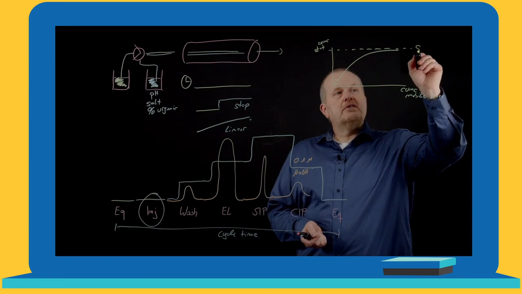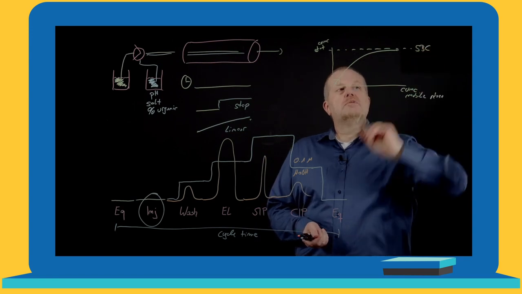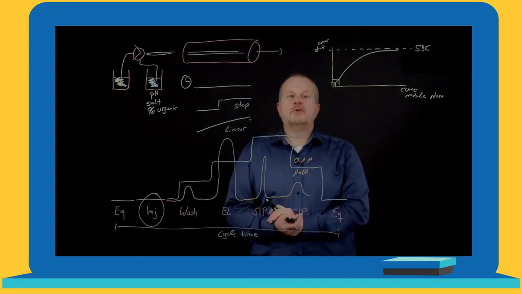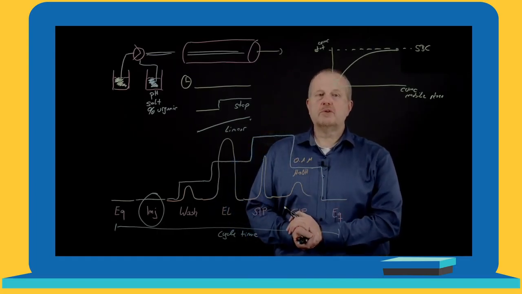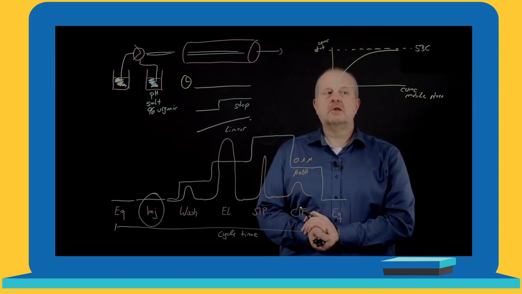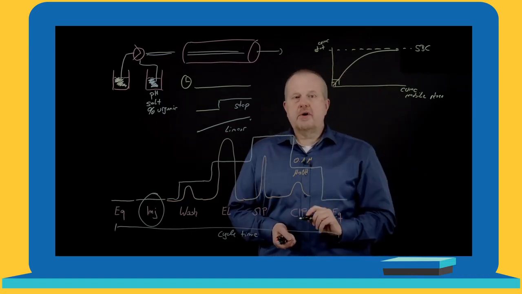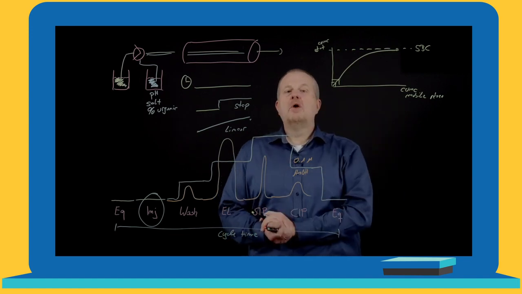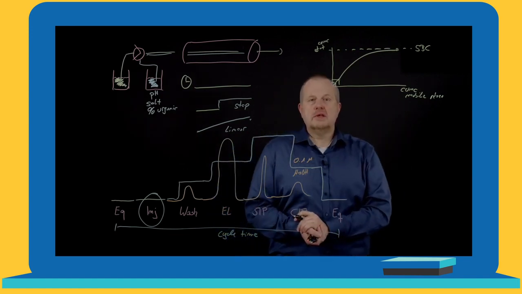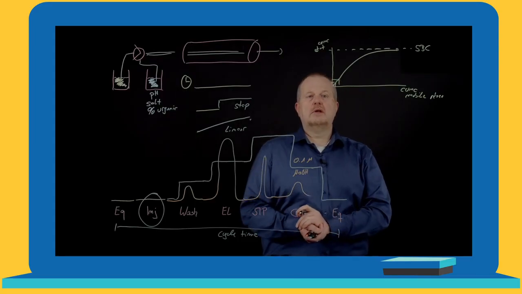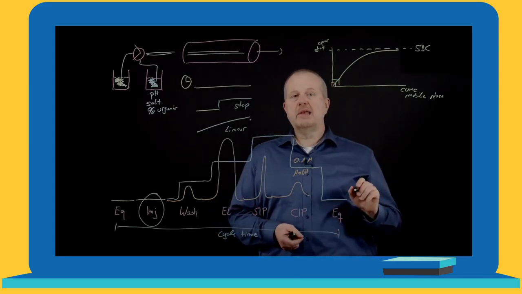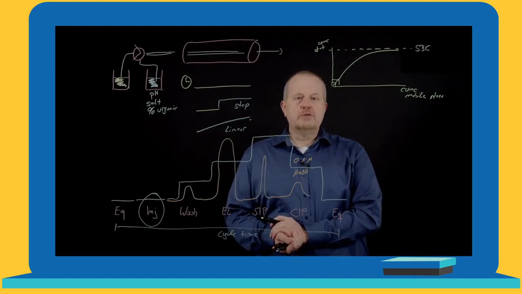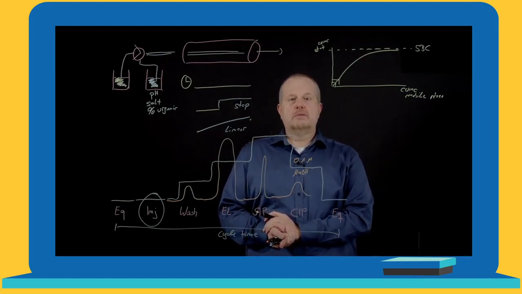And if we do that in a static way, so if we do that in a batch format, in an Eppendorf, we determine what is called the static binding capacity. Concentration of our target compound in the mobile phase, and we determine what is the capacity in the stationary phase. The higher the static binding capacity, the better a chromatographic resin is usable for your separation task.